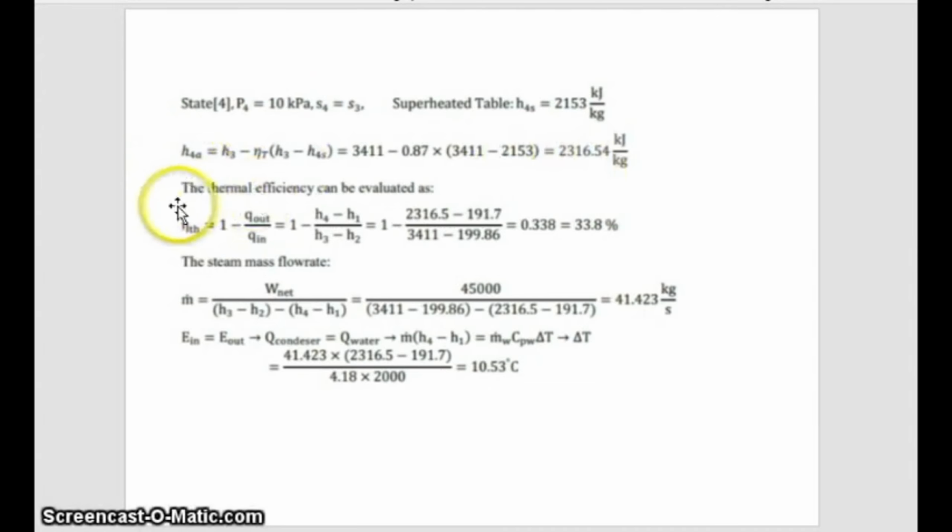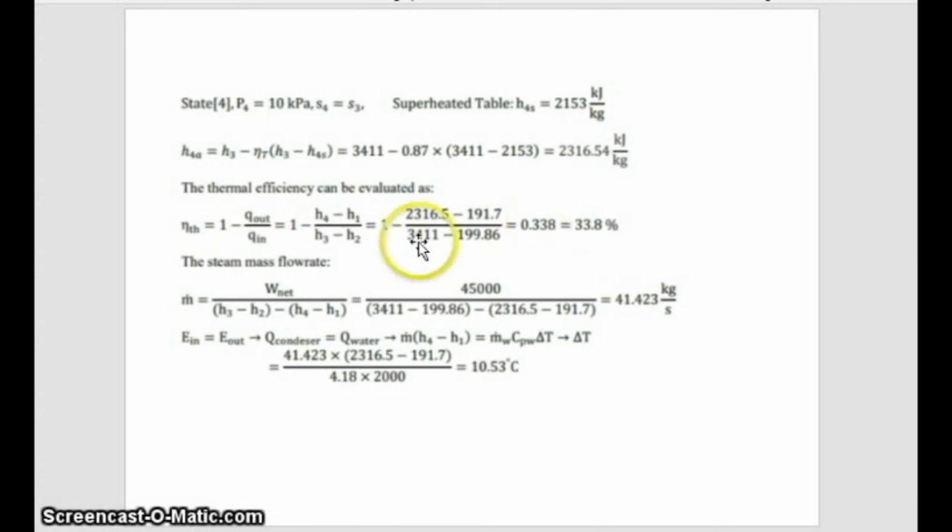Okay, and the thermal efficiency is basically 1 minus Q out over Q in. So Q out is H4 minus H1, Q in is H3 minus H2. Take all the values, put them in the equations, then you will get the thermal efficiency is 33.8%.